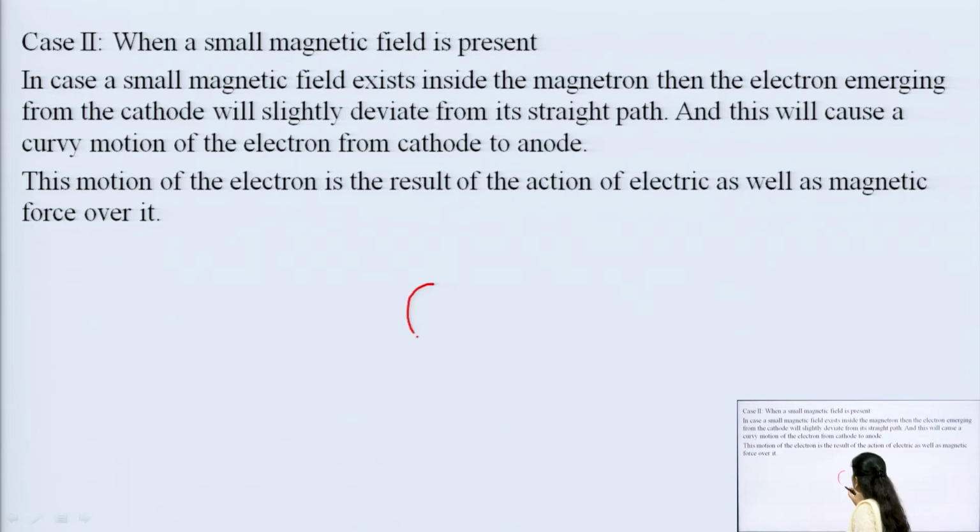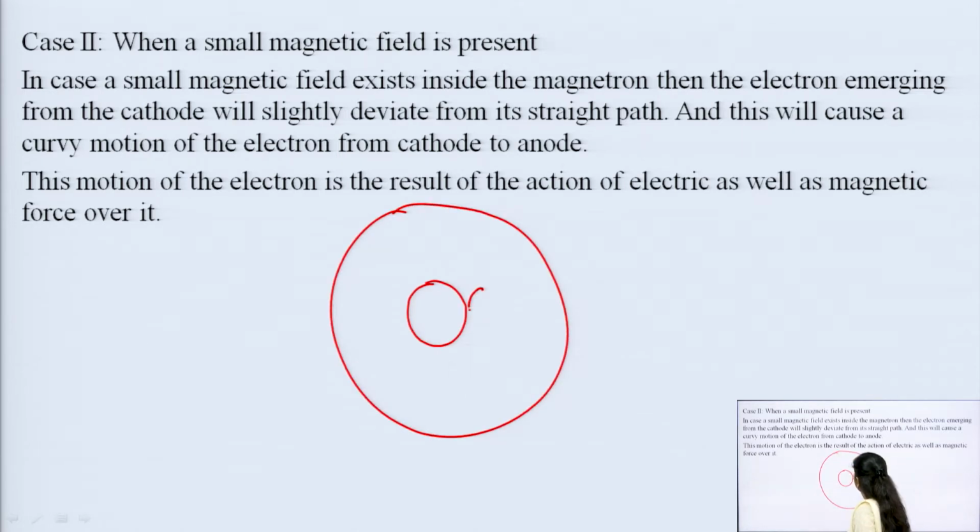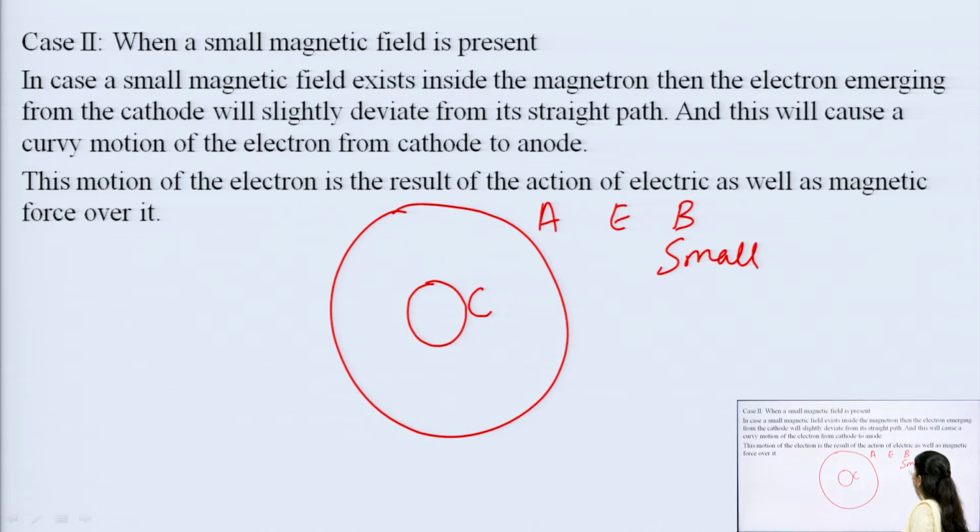Now the second case arises. Of course, the cathode and the anode exist; I am representing the cathode with a C and the anode with an A. In case the magnetic field exists, here the electric field is existing and the magnetic field also exists, but it is small. What will happen? The electron coming from the cathode and going to the anode will experience a certain deviation from the straight path, and this is due to the presence of the magnetic field.